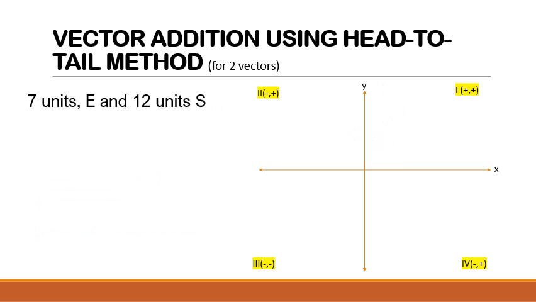Now for our last example, you have here 7 units east and 12 units south. So let's represent that with an arrow for our first vector, and the second vector is 12 units south, represented by vector B. To represent our resultant vector, you will notice here a red arrow pointing to the arrowhead of the last vector.